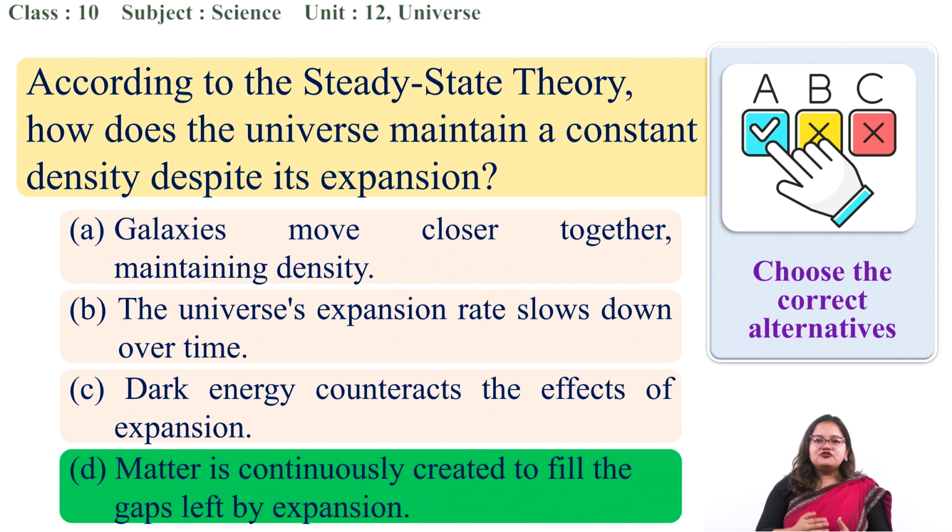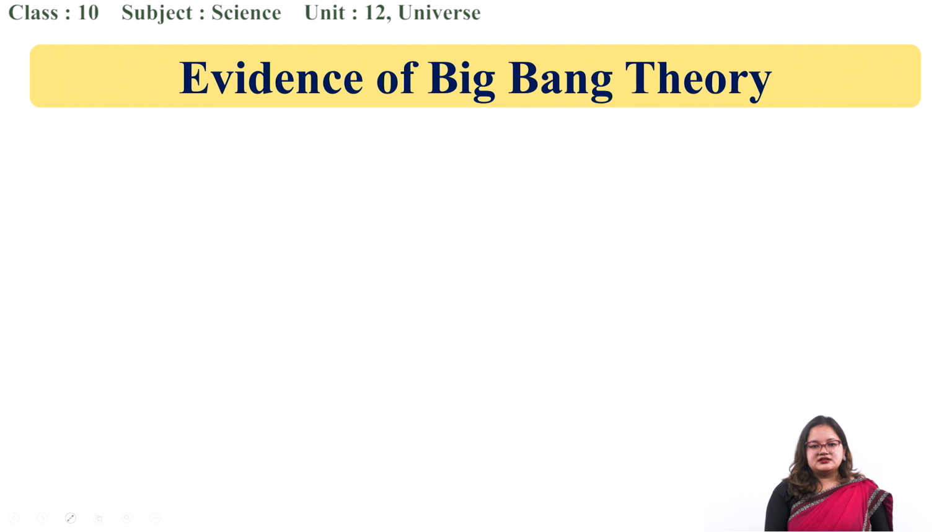But we are now focusing on Big Bang theory, which is the most widely accepted theory by scientists and astronomers as well. So why are we accepting this theory? Let's look here. Because we have some evidence of this Big Bang theory.